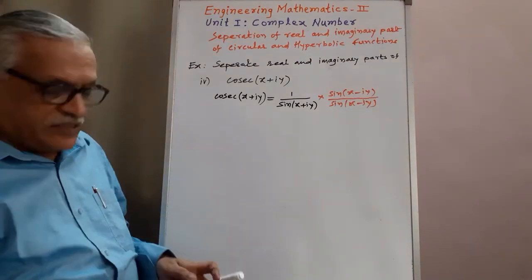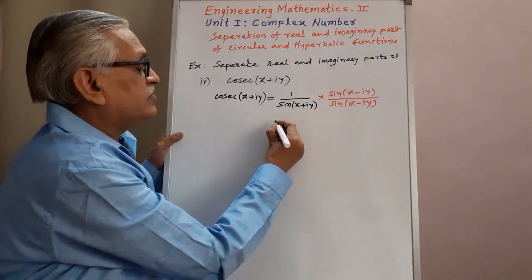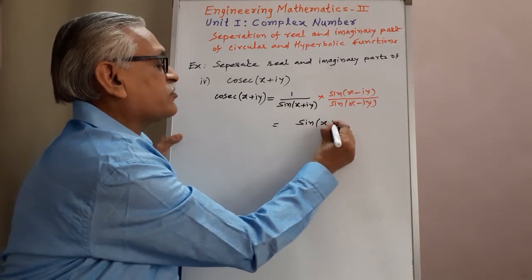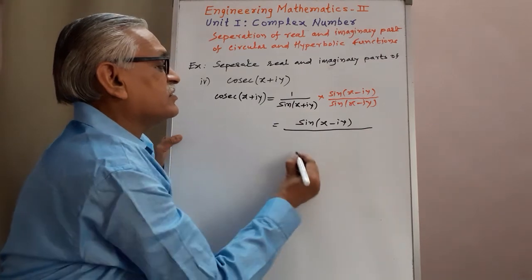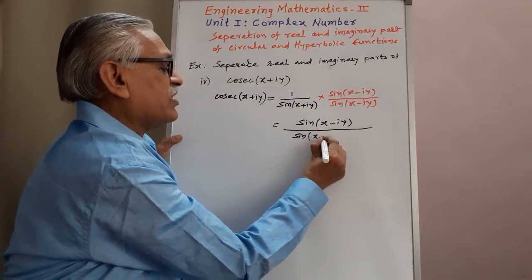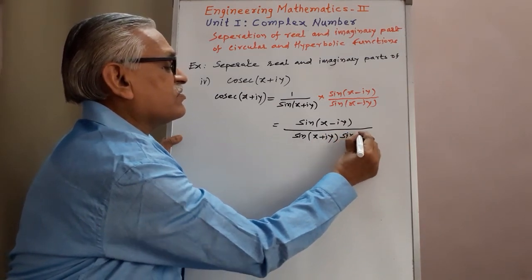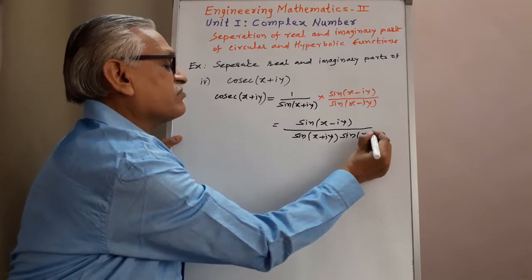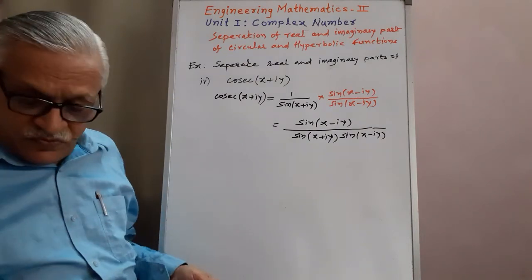Okay, then it is equals to sine of x minus iy divided by sine of x plus iy and sine of x minus iy. We multiply and divide by 2.